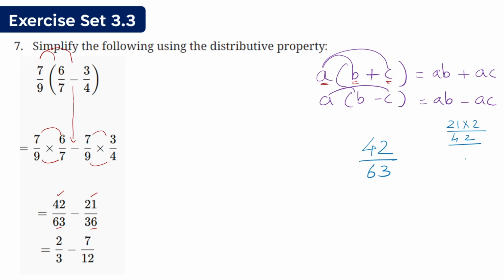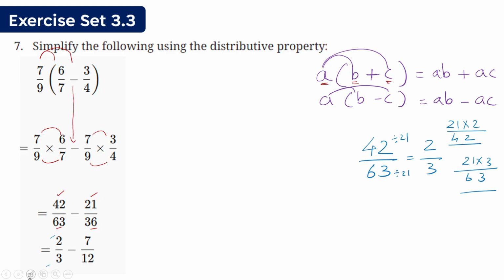Let's try with 63. 21 times 3. 3 times 1 is 3 and 3 times 2 is 6. Yes, it works with 21 as well. So when we divide these by 21, 42 divided by 21 is 2 because 21 divides 42 twice. And 63 divided by 21 is 3 because 21 divides 63 thrice. So we have 2 thirds in this fraction.